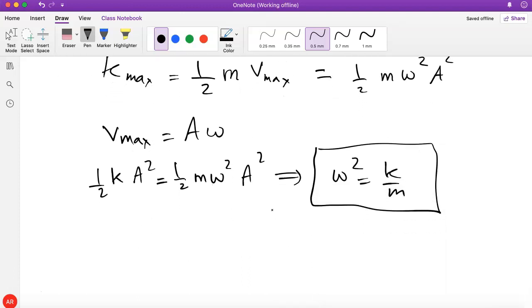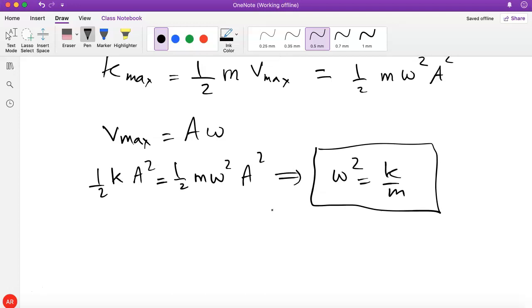So we found that there is this relationship between omega, the spring constant, and mass, right? If I know the spring constant and the mass of the object attached to it, then the spring constant is really the ratio of the restoring force that wants to bring the oscillator back toward the equilibrium position by its displacement, right?